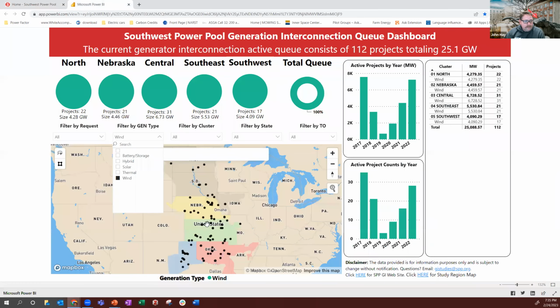So the proposed company, I believe, is Nextera, I think, but don't quote me on that 100%, which is a company out of Florida. They're in the process of trying to lease some land.